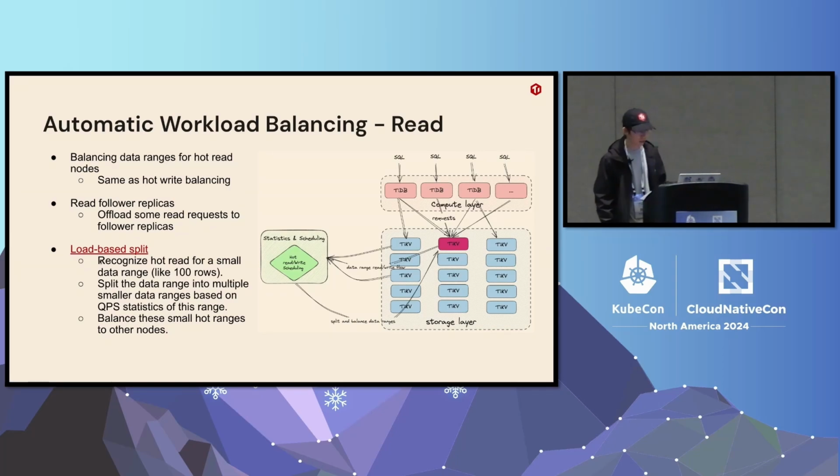We can collect which row and which data range has specific high throughput, and then we can report this information to the scheduling system, and then split. Even if the partition is already small, like 100 rows, we can split it into 10, each one has 10 rows, and then distribute it to multiple TiKV nodes.